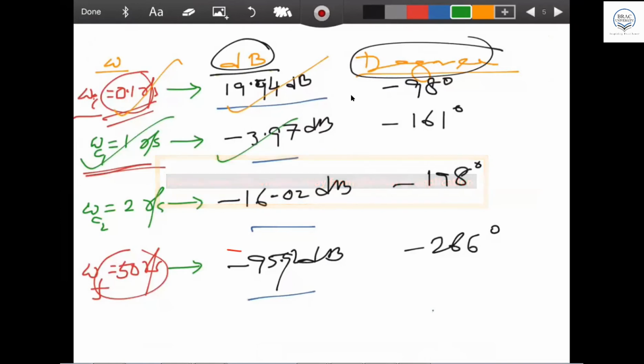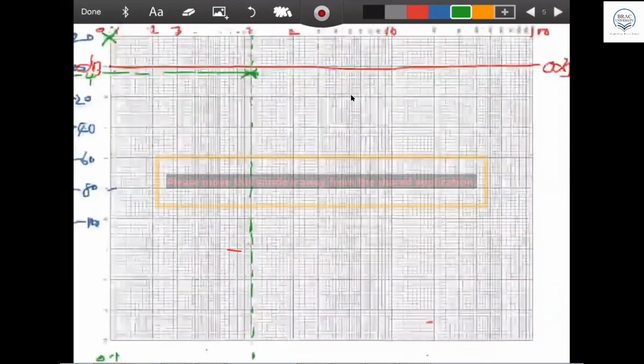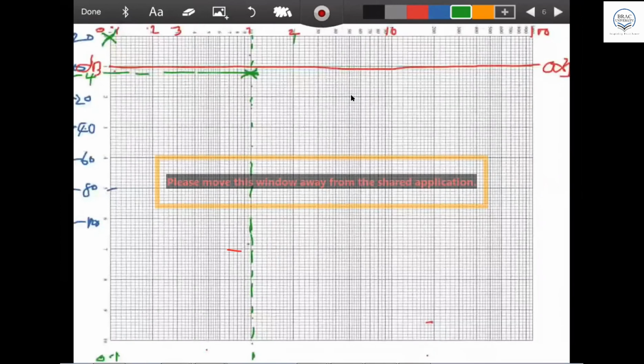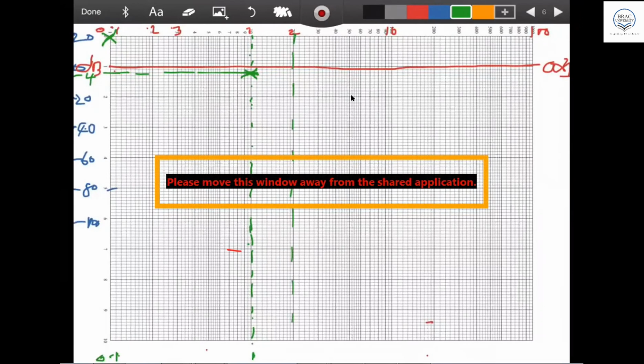Draw omega equal to 2 and 50. Draw the 2 and 50 lines like this. This is 2, and then 50 is here. If you go 400, 500, this is the 50 line, remember.